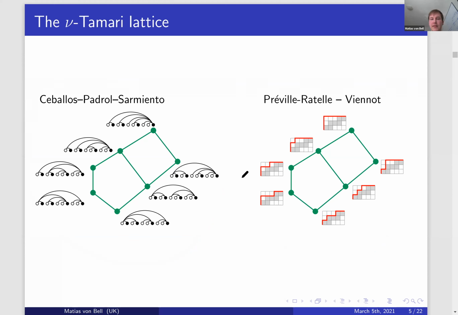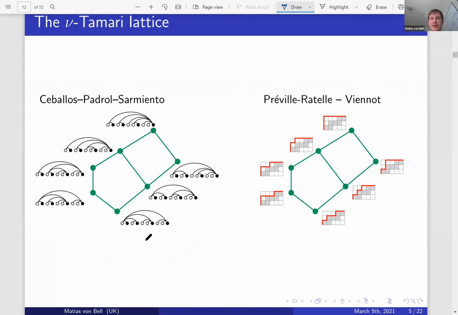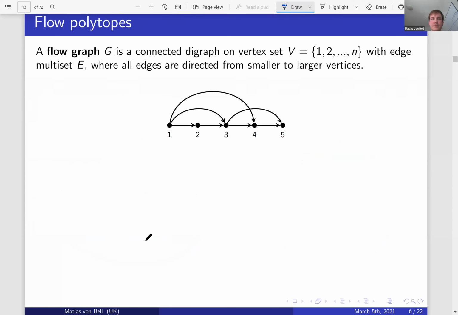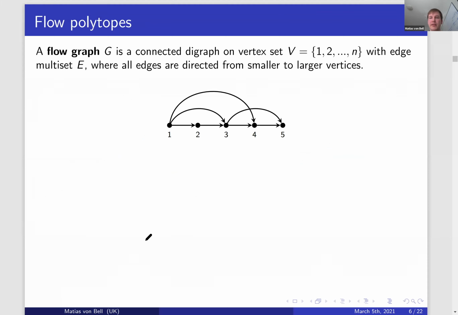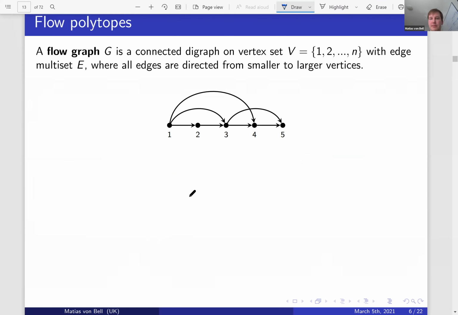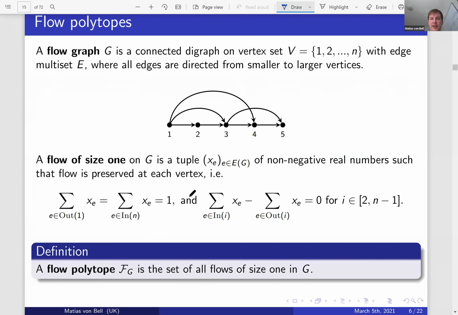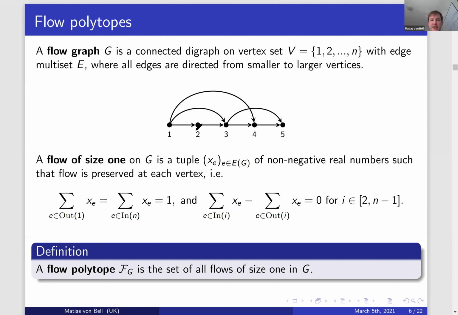But yeah, so this gives another characterization of the nu-Tamari lattice. And we talked about flow polytopes at the pre-seminar, so I perhaps will just quickly mention this again. So take a flow graph with n vertices, and we add edges ordered from smaller vertices to larger vertices, and then we define a flow of size 1 to be a tuple of non-negative real numbers so that flow is preserved at every vertex.